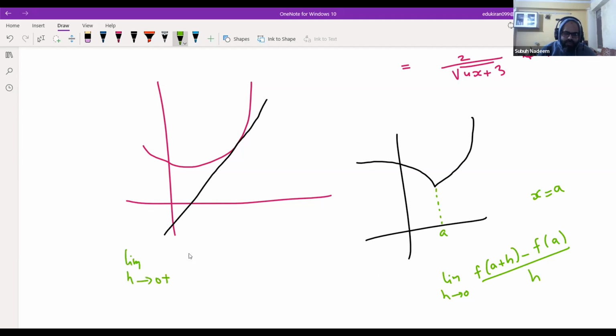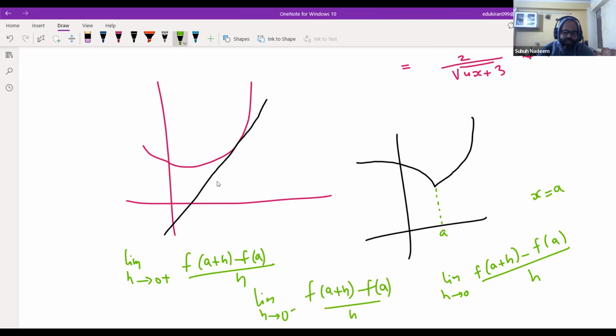Is it 0 plus, f of a plus h minus f of a by h? Or is it 0 minus, f of a plus h minus f of a by h? So two things are there. As we know about limit, h can be from 0 plus, h can be from 0 minus.